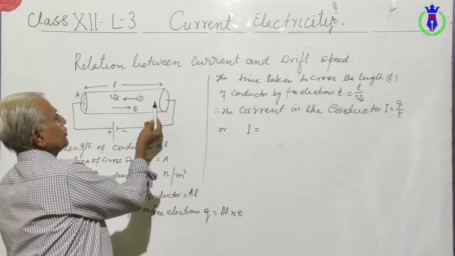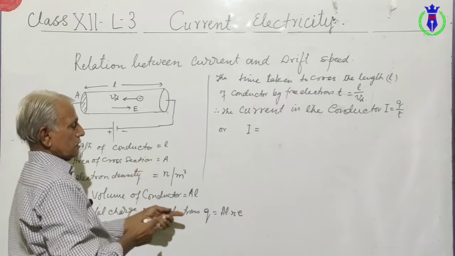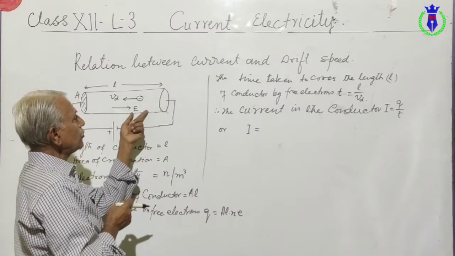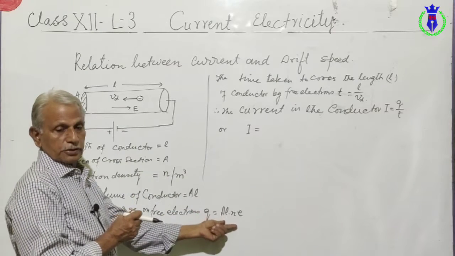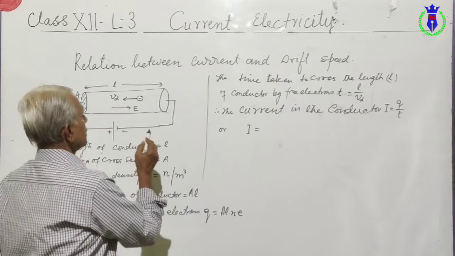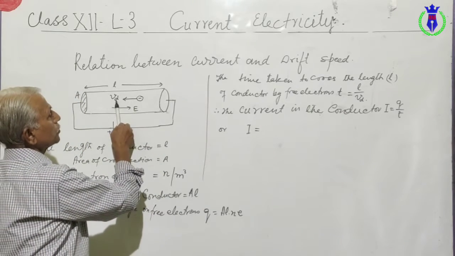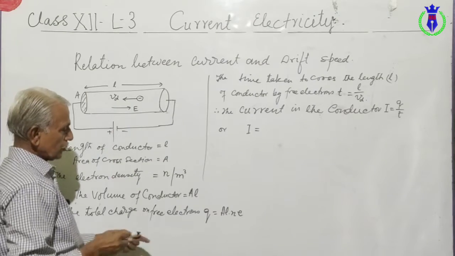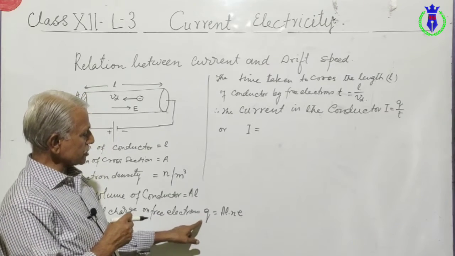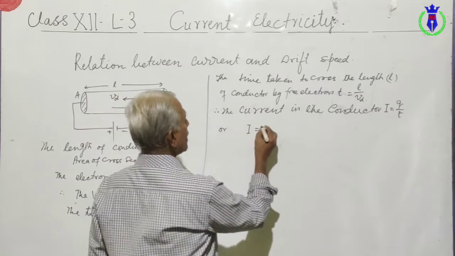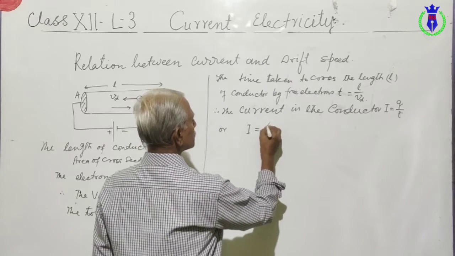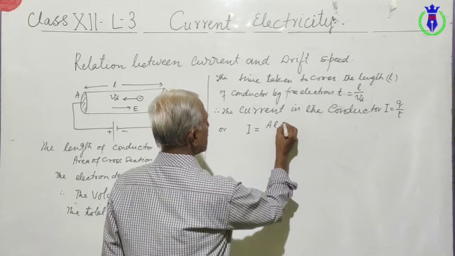This is the charge which flows in the conductor. All the electrons which are free, they move, and therefore the charge on the free electrons is responsible for the current in the conductor. Only those electrons which are free to move carry the charge, and therefore the flow of charge is the total charge on the free electrons, and therefore current I is equal to Q upon T, and Q is ALNE.